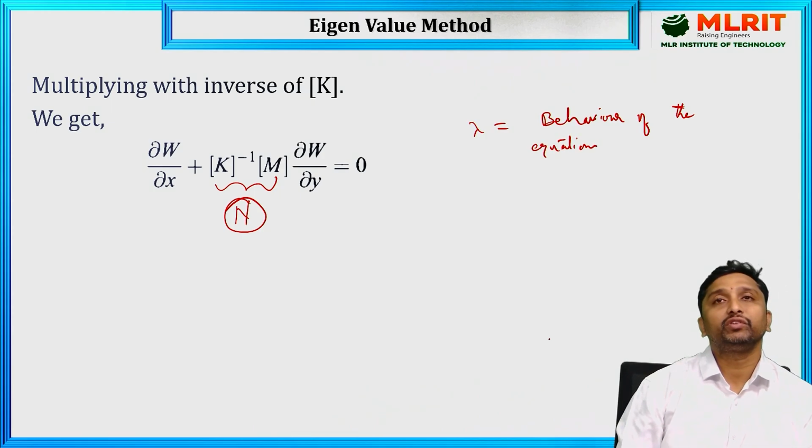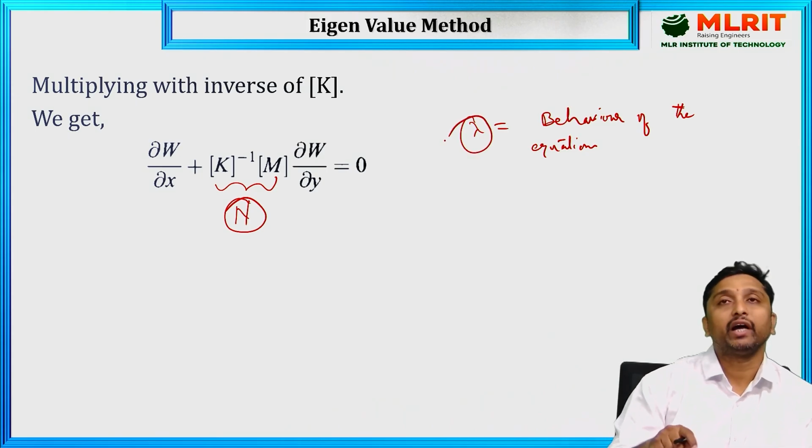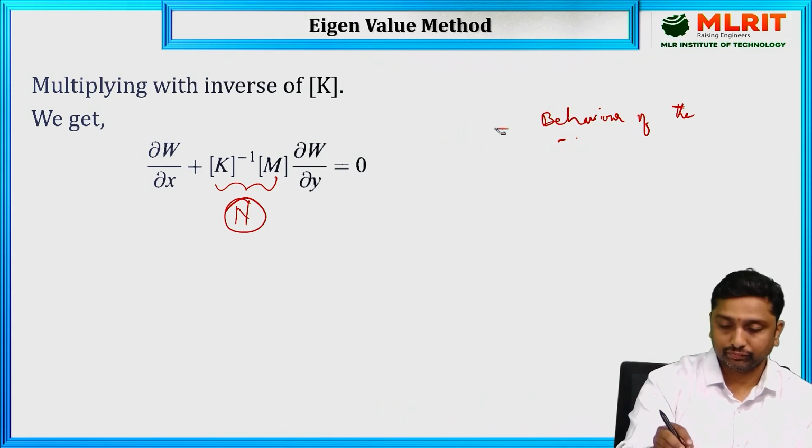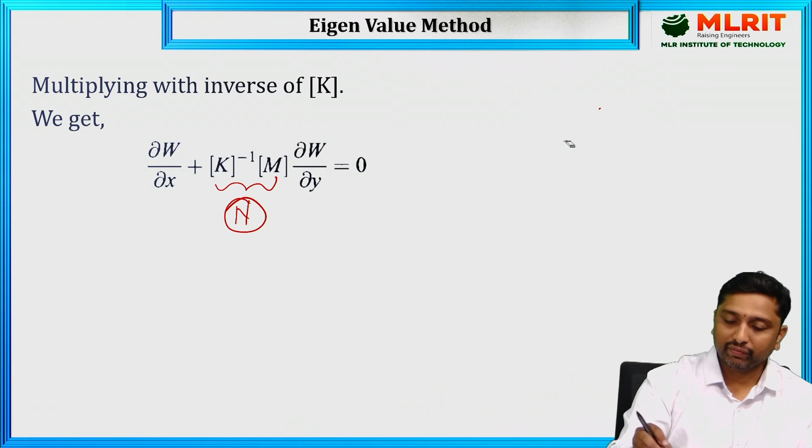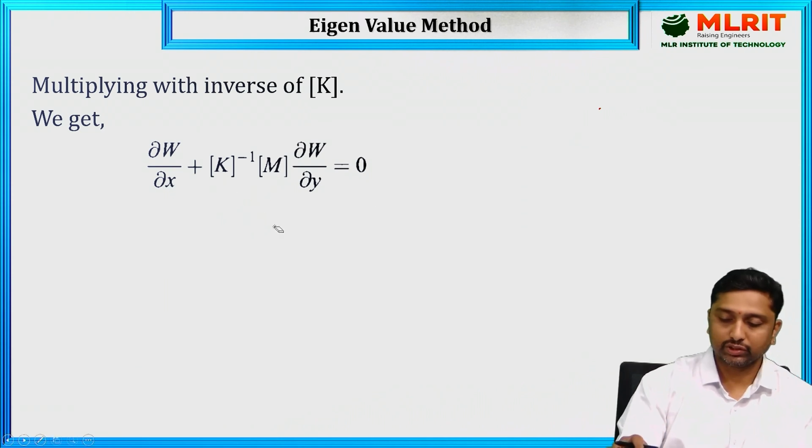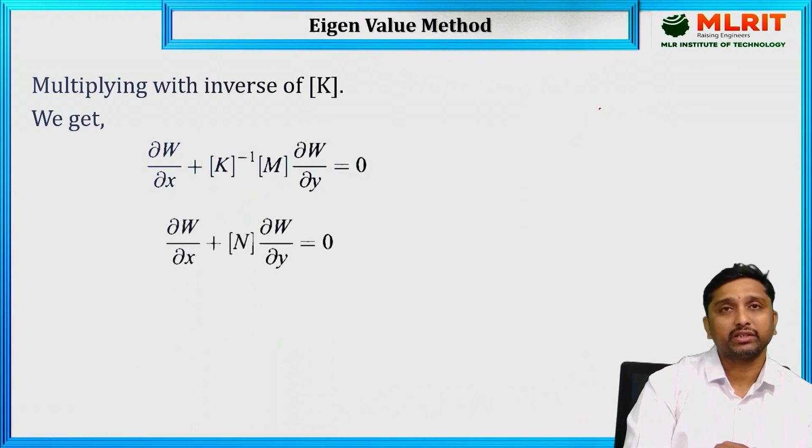The behavior of equations can be given by these eigenvalues, so let us find them. I am defining a new matrix, K inverse into M, as N.